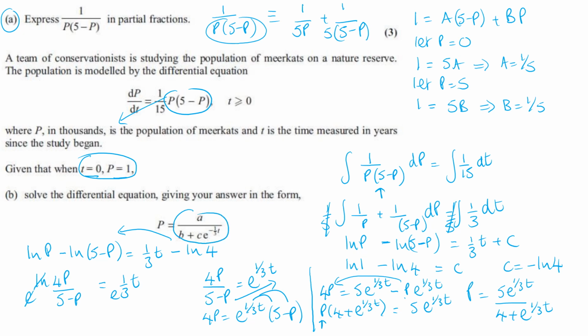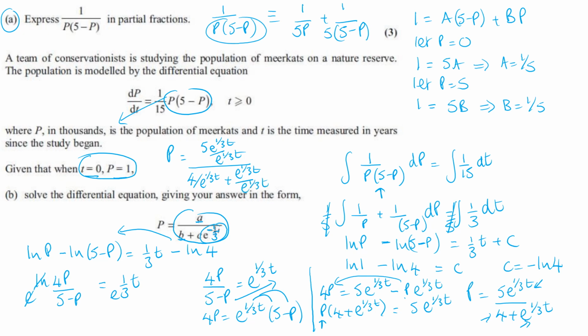In the form we want it, we want an a and a b and something to the minus, and this is minus 1/3 t. So what we do to get that is we divide each of these terms by e to the 1/3 t. So we'll have p is equal to 5 e to the 1/3 t over e to the 1/3 t, divided by 4 over e to the 1/3 t plus e to the 1/3 t divided by itself.